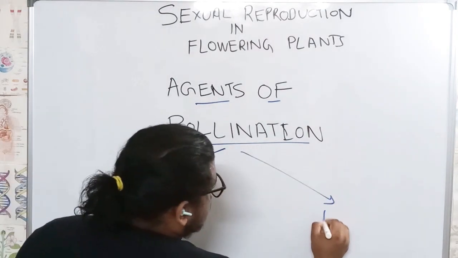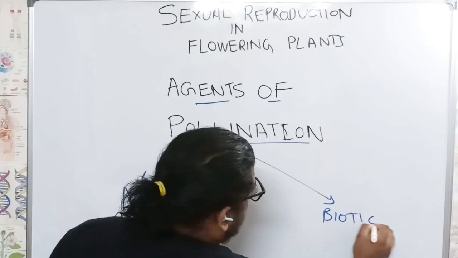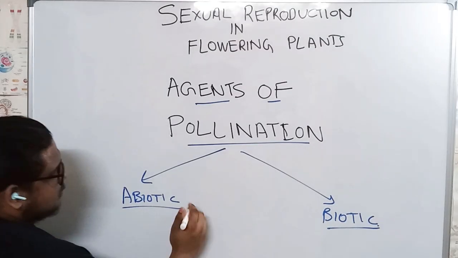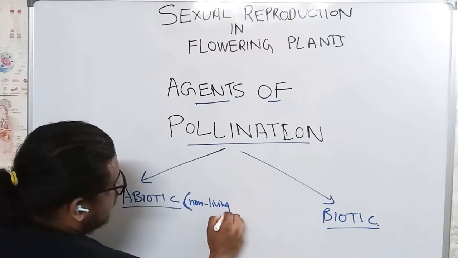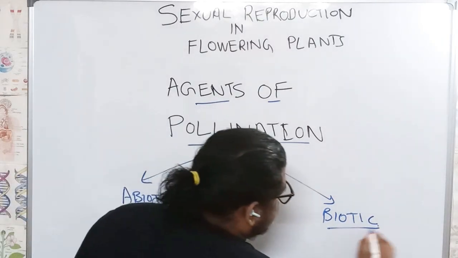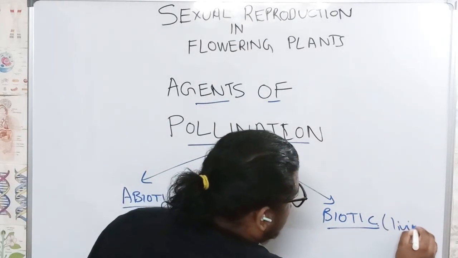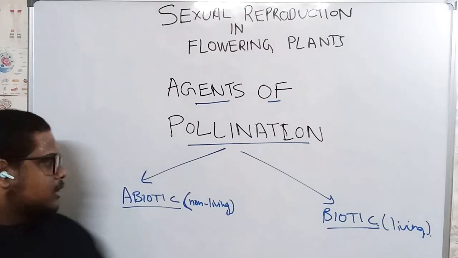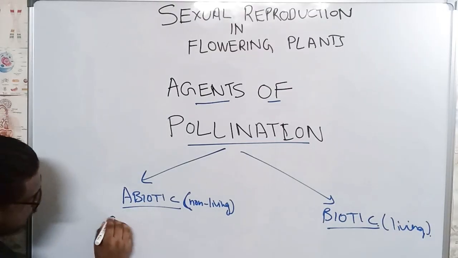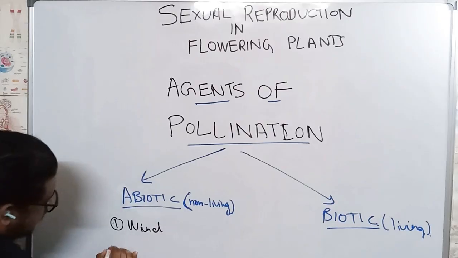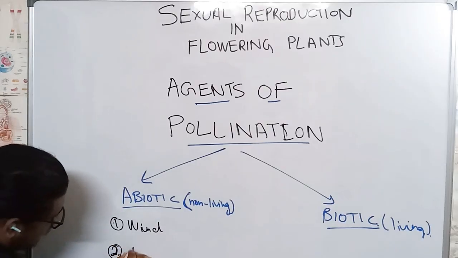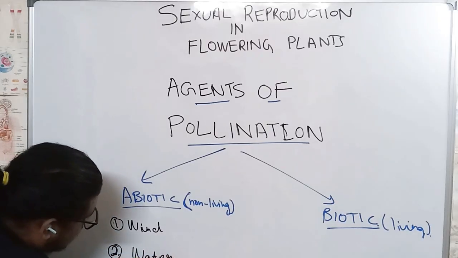and second is biotic. Abiotic agents are those agents which are non-living और biotic agents वो होते हैं which are living or alive. Abiotic agents they are mainly number one wind and number two water.